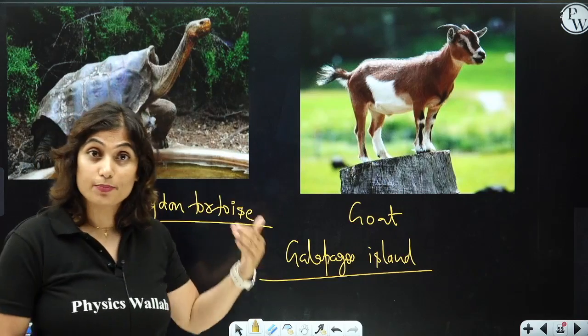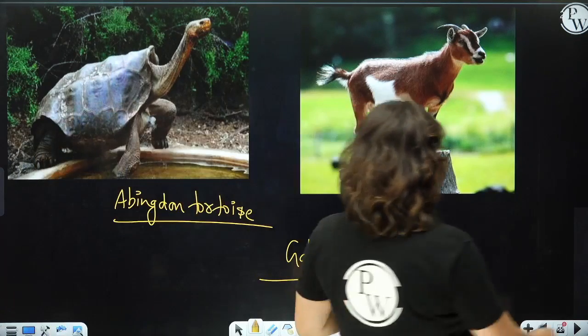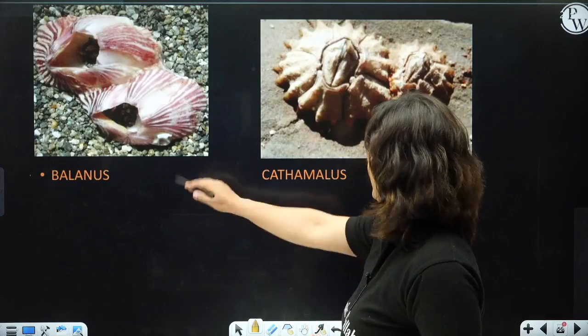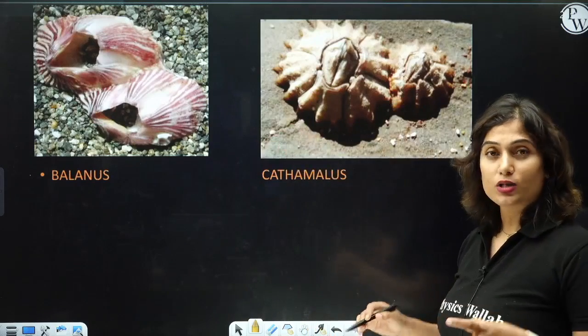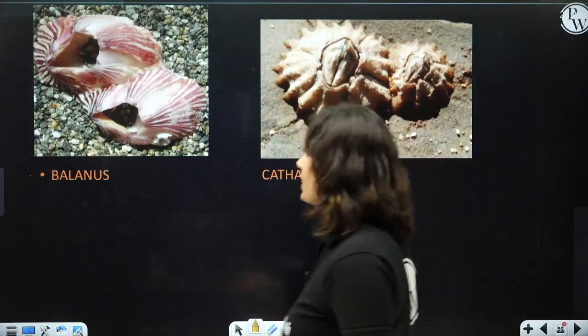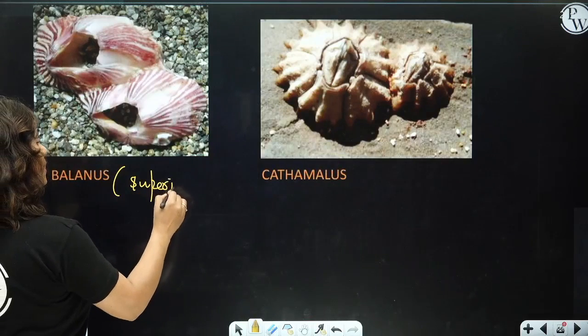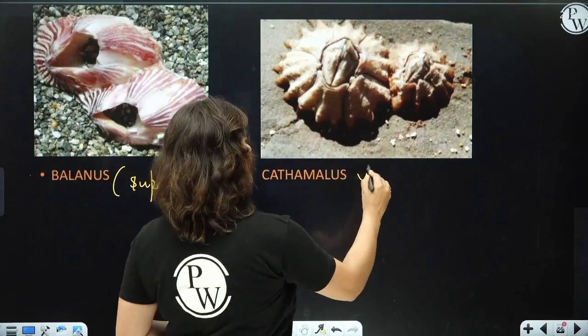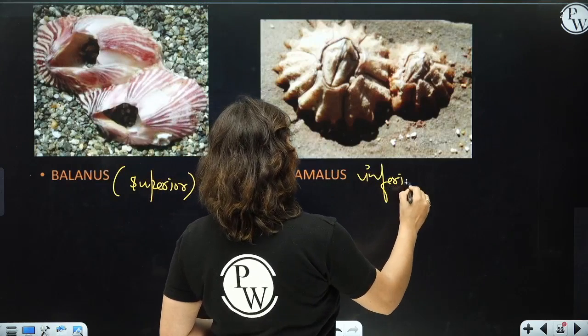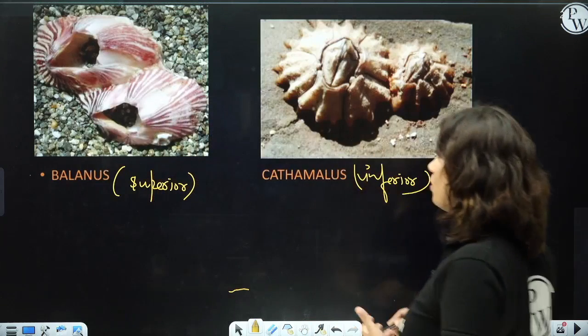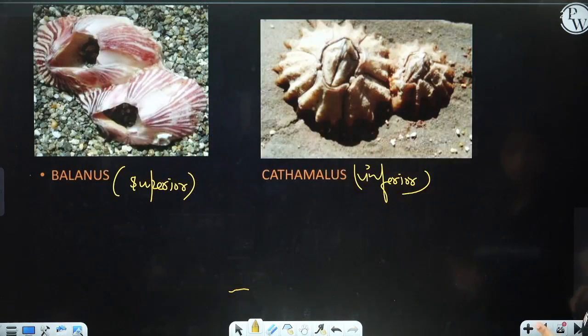Both of them are herbivores. Then the second example is Balanus and Chthamalus. Both are arthropods, right? Balanus is the superior species and Chthamalus is the inferior. If they are present together, Balanus will remove Chthamalus. So this is competition exclusion.